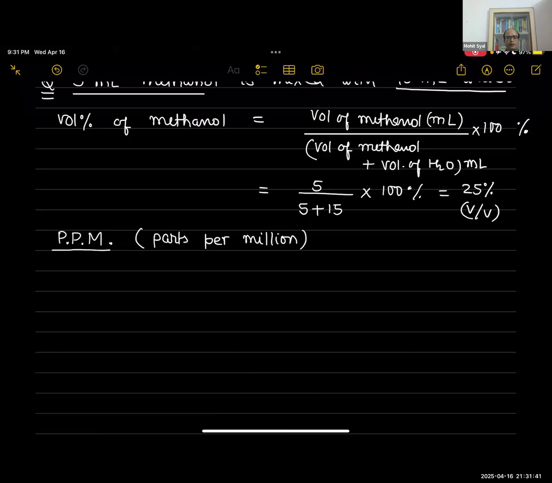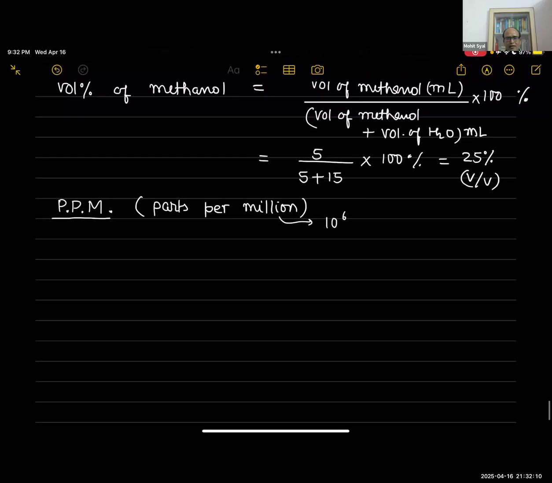No. Parts per million is actually, suppose something is present in very less amount and you can't detect it in 100 parts, so you take a large amount, million parts. Million is 10 to the power 6. Okay, so that is called parts per million.